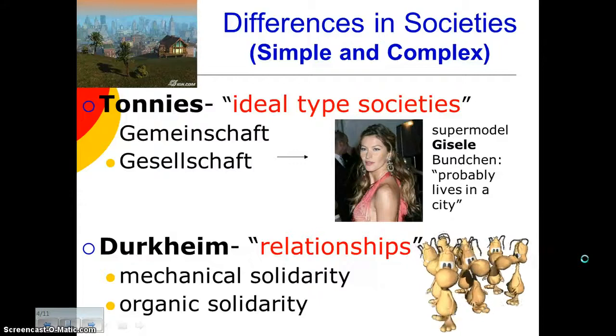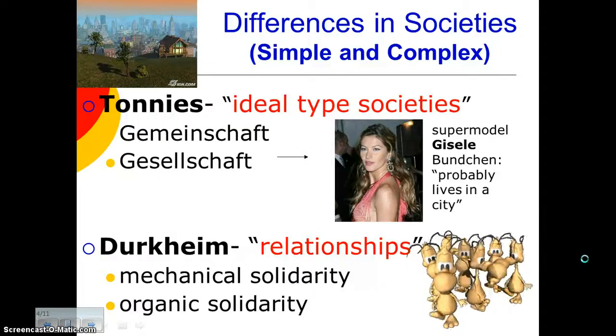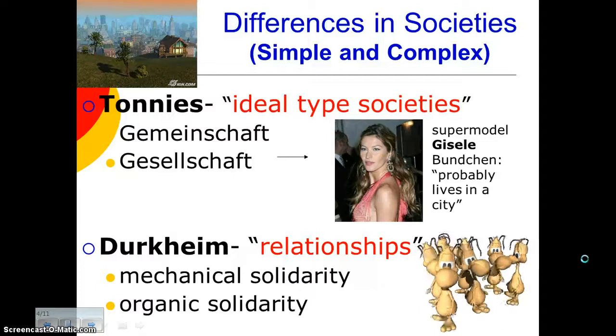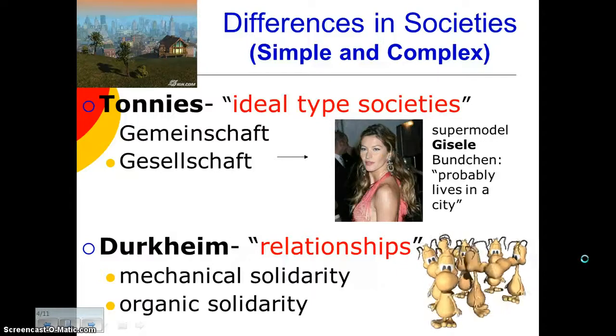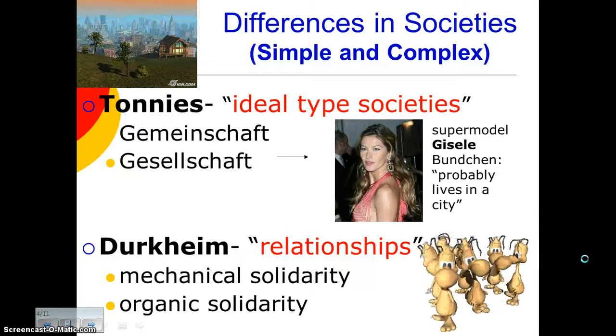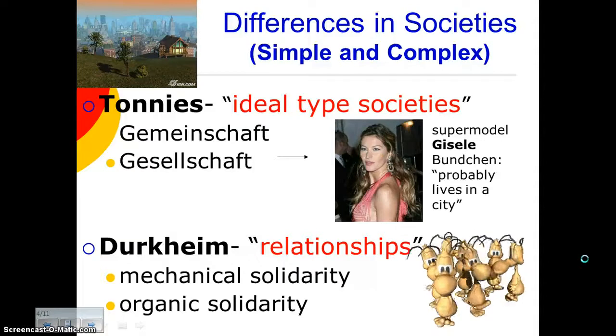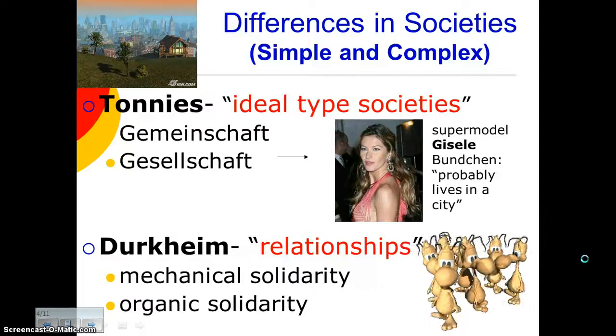Okay? A Gesellschaft, on the other hand, is the German word meaning society, and it refers to a society in which relationships are more impersonal and temporary. There are fewer personal ties and a lessened sense of loyalty to the total society. So traditional values tend to be weaker, and individual goals tend to be more important than group goals.